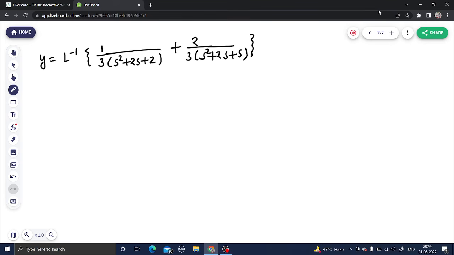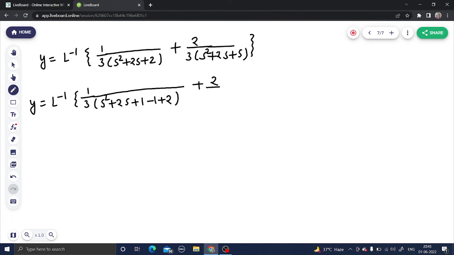If you look at the first one, y equals Laplace inverse of 1 by 3 times s square plus 2s. Now half of 2 is 1, so we have to add the square of 1, which is 1, and subtract that. Plus 2 is already there. Plus 2 by 3, again s square plus 2s is fine.